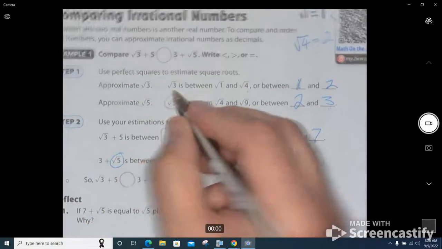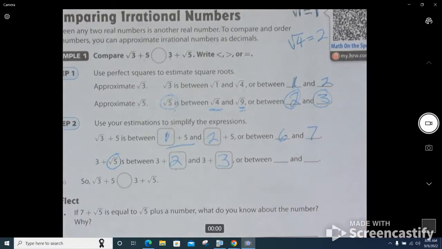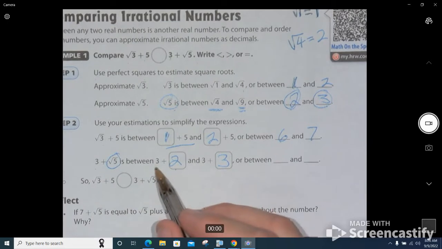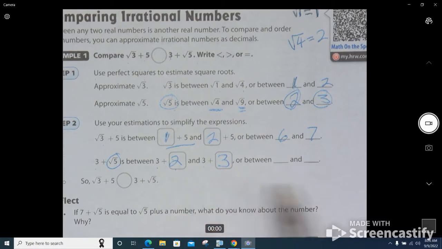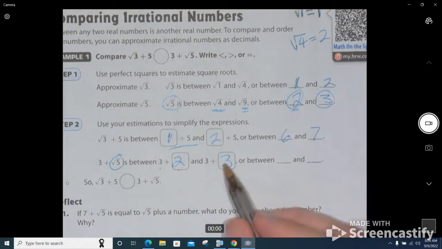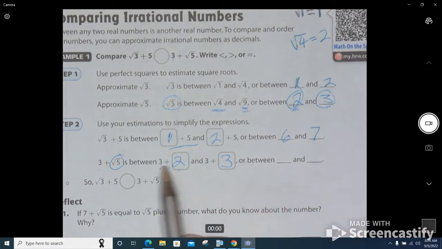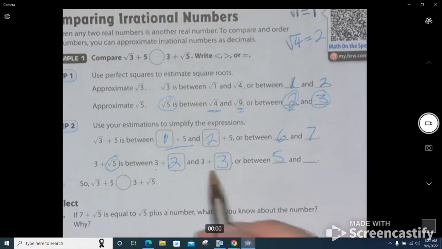We said that the square root of 5 lives between 2 and 3. So 3 plus the square root of 5 is going to be trapped between 3 plus the lowest it could be, 2, and the highest it could be, 3. In other words, what's 3 plus 2? 5. And what's 3 plus 3? 6.